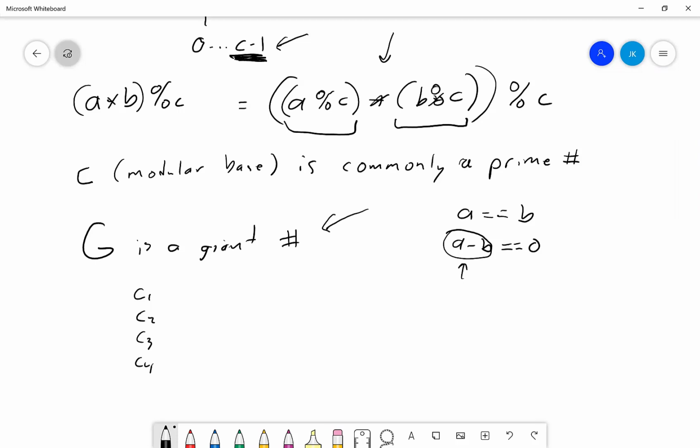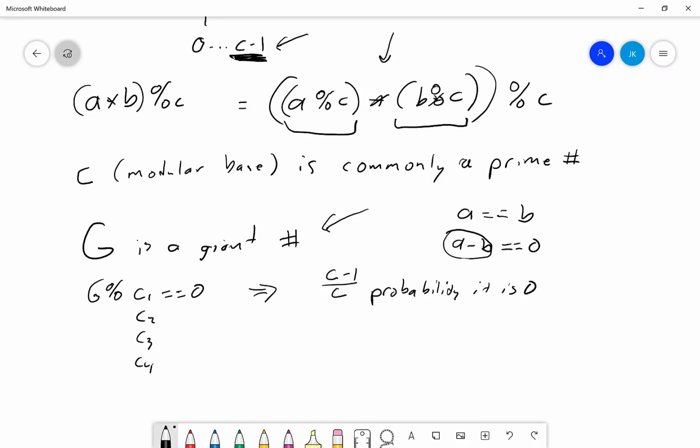Okay, so if G mod C1 is equal to 0, then what that means is, with (C minus 1) over C probability, it is 0. So if C1 is like 10, and if G mod 10 is 0, then 9 out of 10 times G is actually 0.